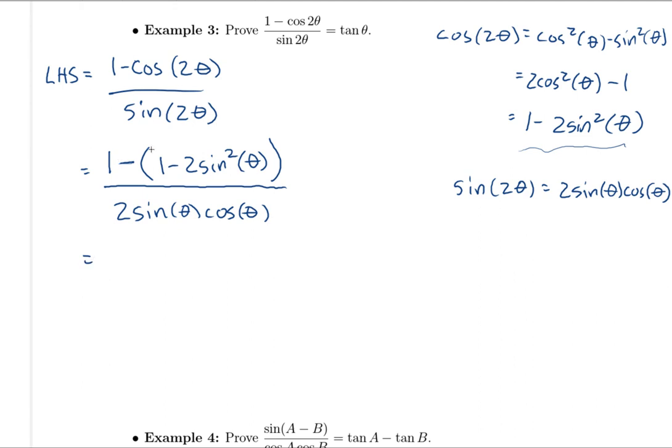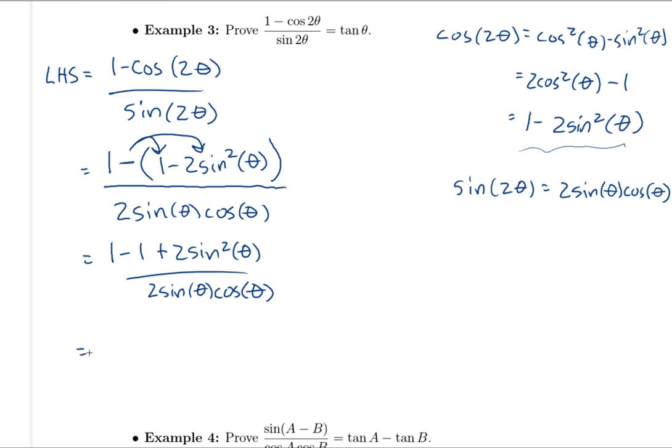All right, but then when we distribute this 1 through, we end up with 1 minus 1 plus 2 sine squared theta, all divided by 2 sine theta cosine theta. And then 1 minus 1, of course, becomes 0. But then the nice thing here is that we got too many sines on top.